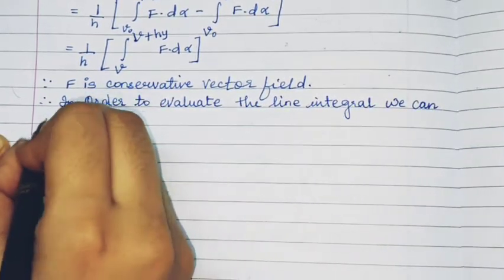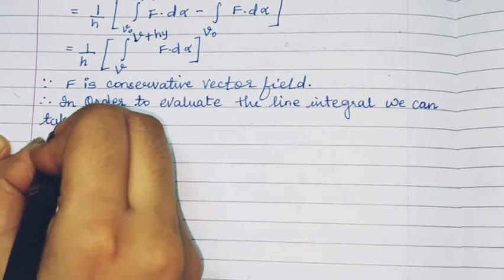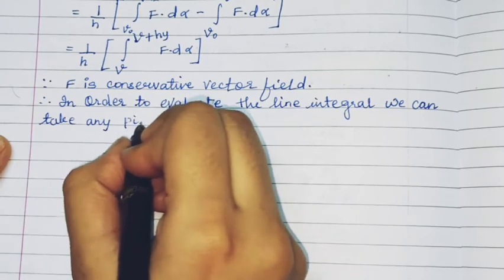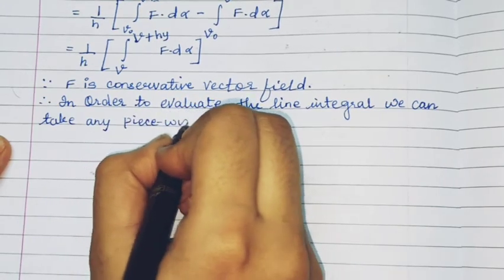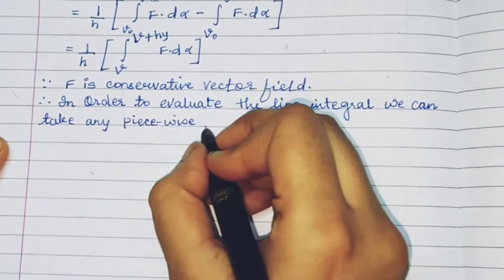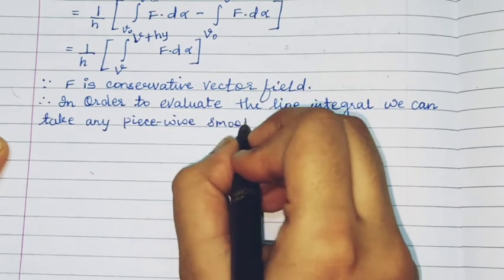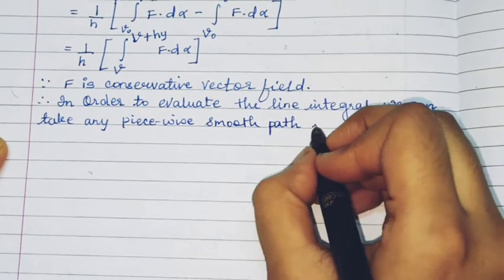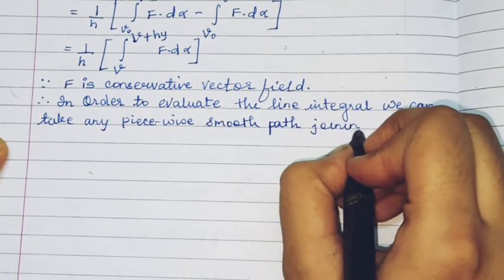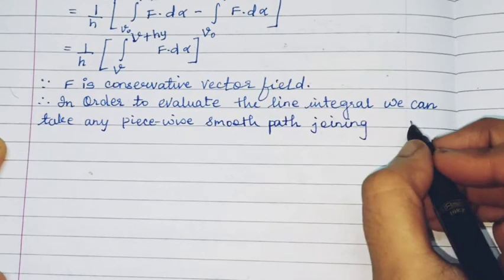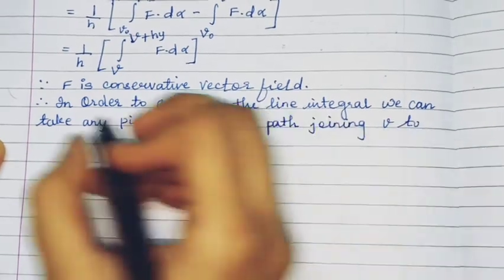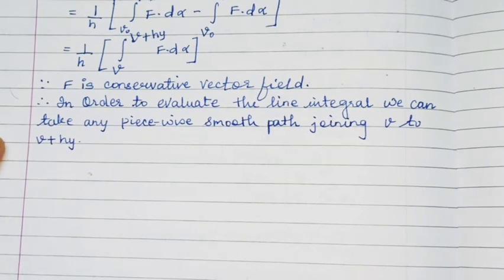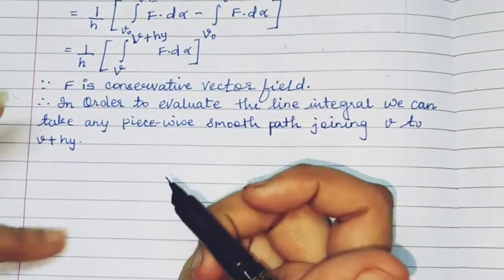So that is what we are writing. In order to evaluate the line integral, we can take any piecewise smooth path joining. Now we have to write the starting and ending point of the path. So the starting point is v and the ending point is v plus hy. So a piecewise smooth path joining v to v plus hy.